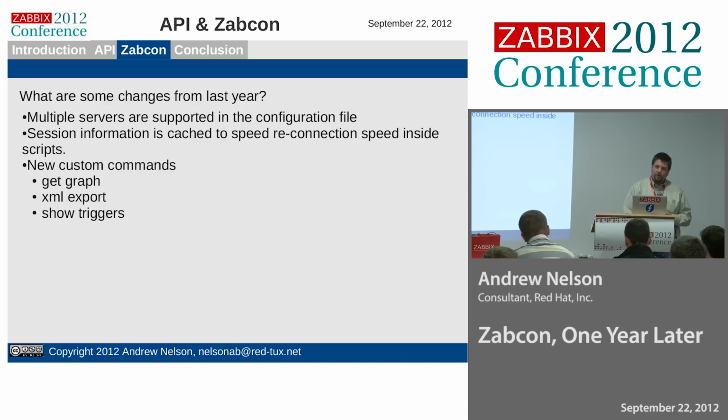But there are some challenges in how the forms are filled out and executed, because XML is not a function within the API itself. That doesn't exist in 1.8 within the API, and I haven't had to dive too deep into 2.0 yet, so I'm not sure what the functionality there is either. Showing triggers is another one people have found useful on the command line, so we created a custom command for those.